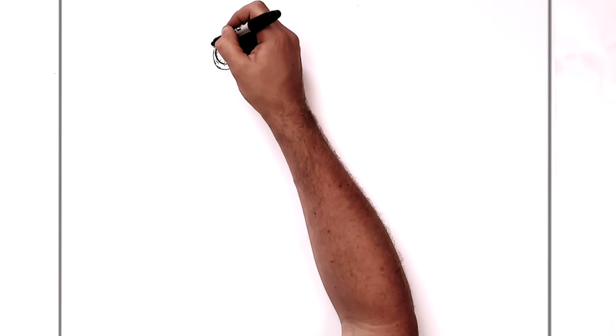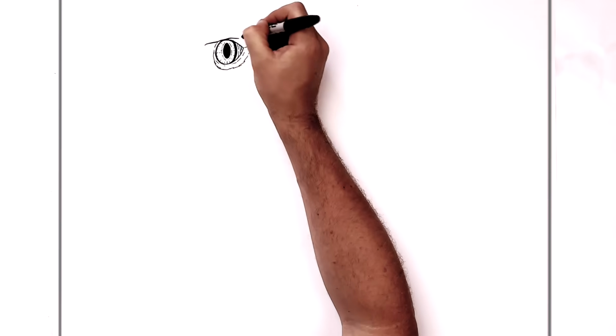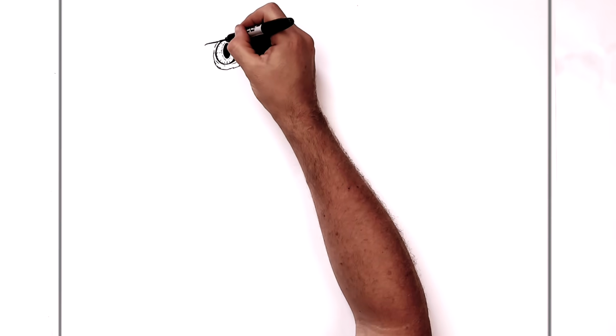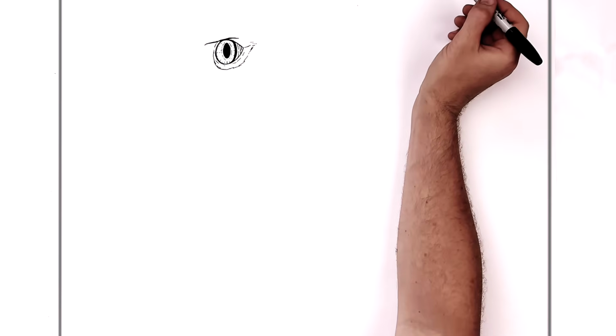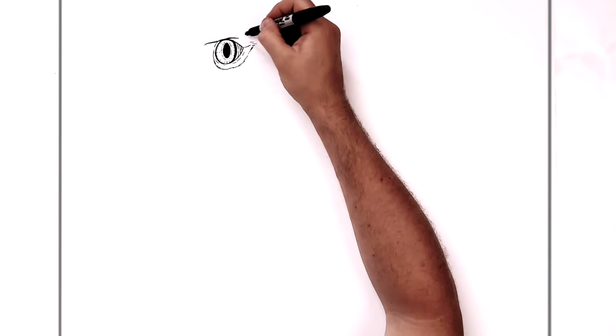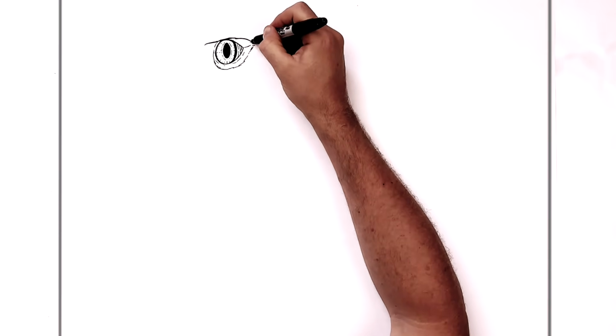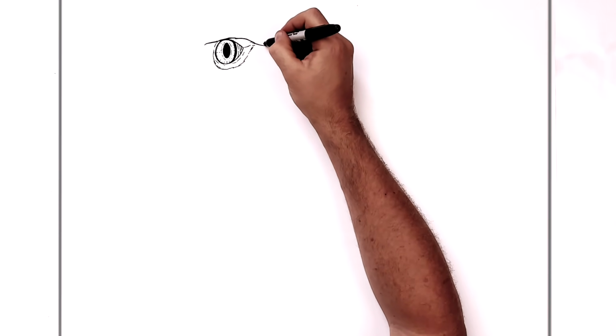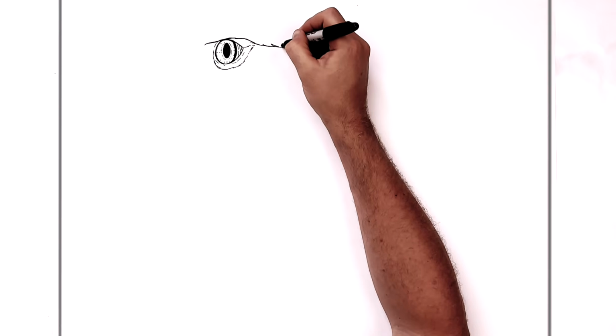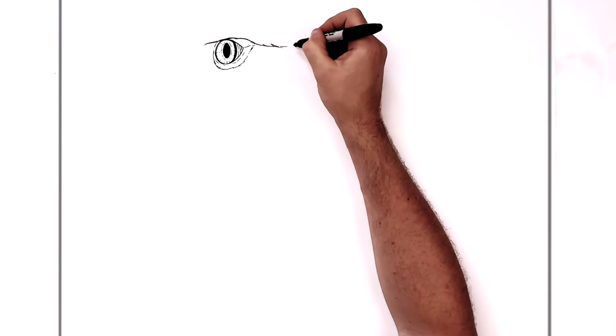So it comes like right over the top here. Like this. And then we'll bring it sort of down here. And again, it can be a feathery line.